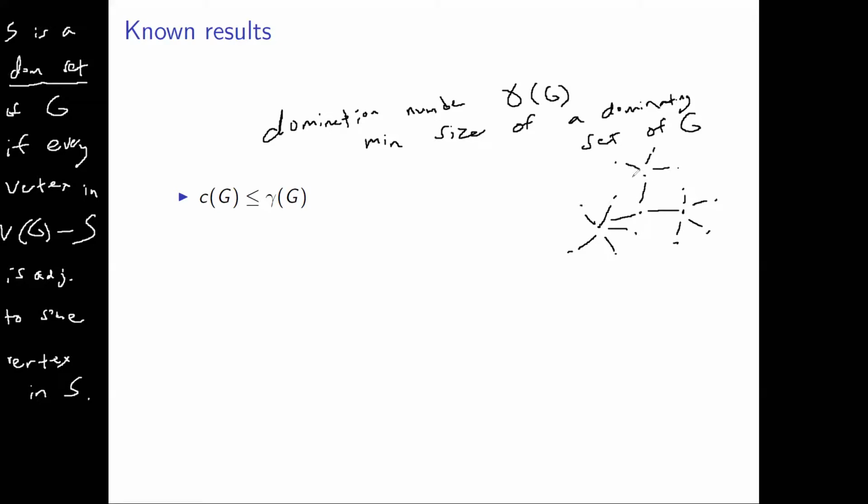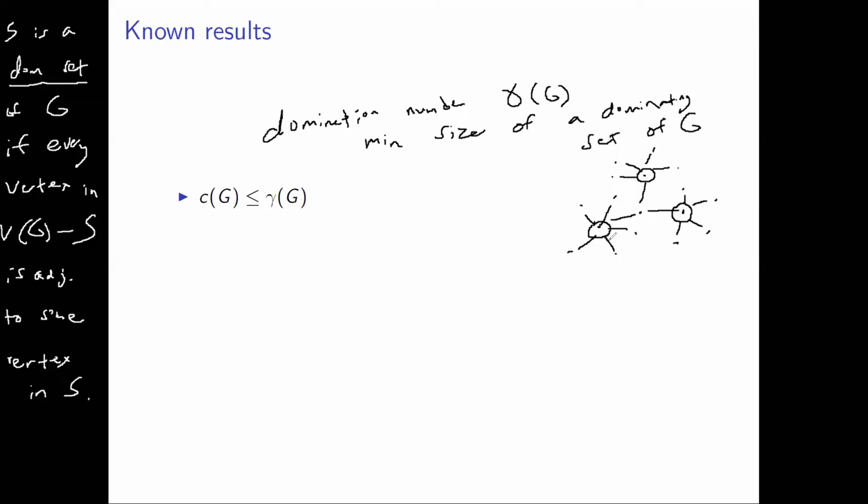So it has a few stars in it right there. And I'm going to circle a dominating set. Here's a dominating set for this graph right here. We can see that these three vertices, they're adjacent to all the other vertices in the graph. So that's a dominating set.